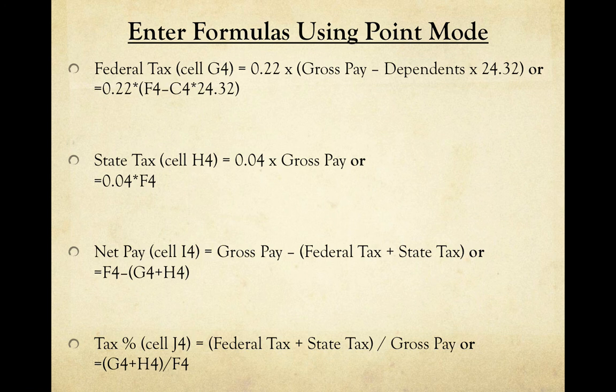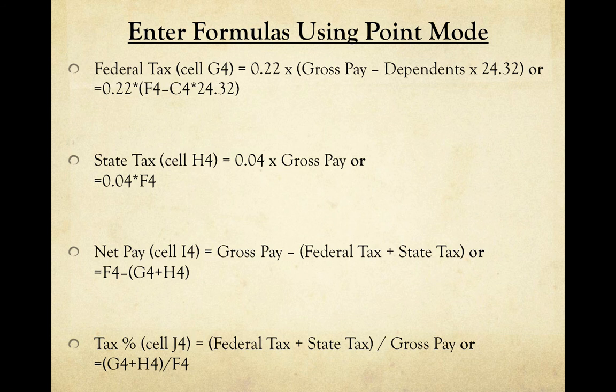Now, the OR in each of these is going to show you how the formula is going to look when you start pointing and typing and clicking. Okay? So I'm not going to read over each one of these. This is kind of a review from what you had earlier. You just need to copy down the OR part, and then you should be ready to go.